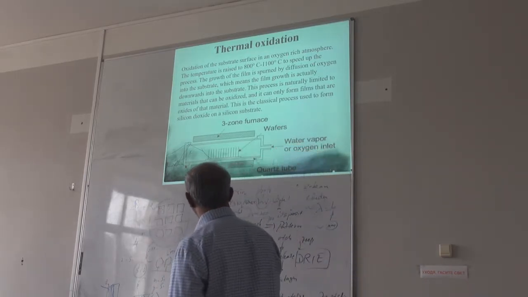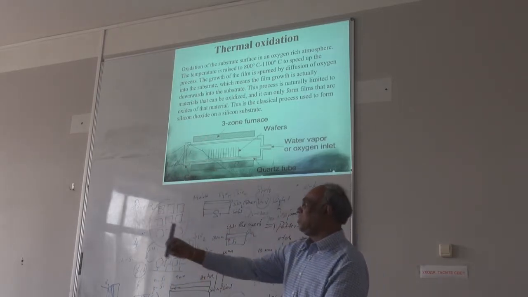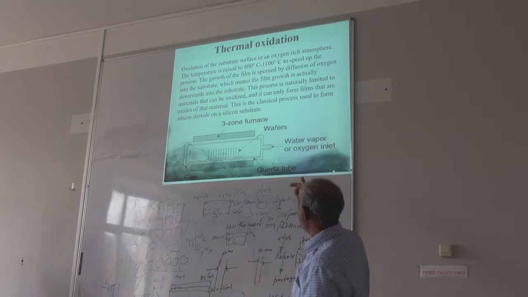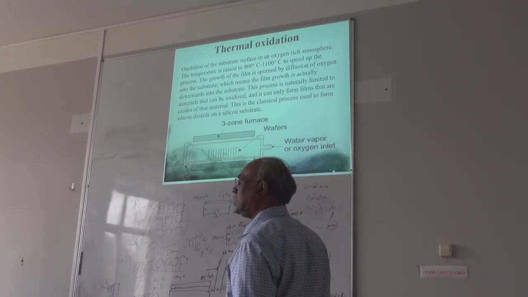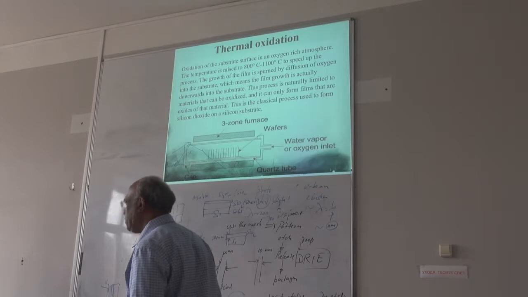So here you have silicon wafers just sitting like this, several wafers. You just pass the gas. But in this case, there must be more defects inside the wafer. More defects?